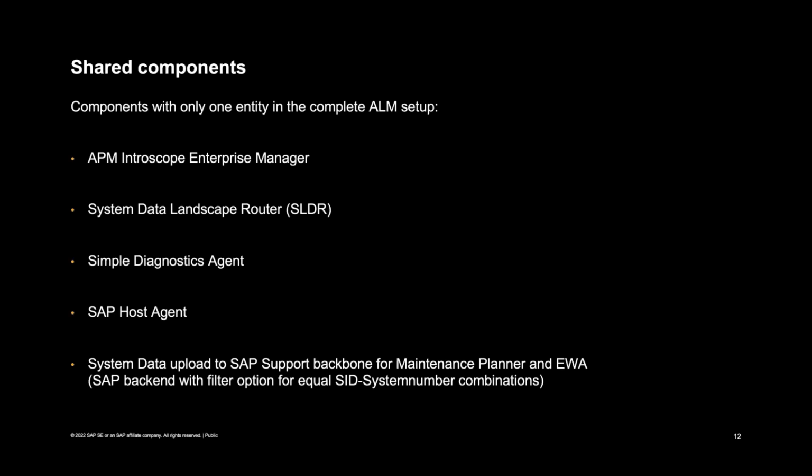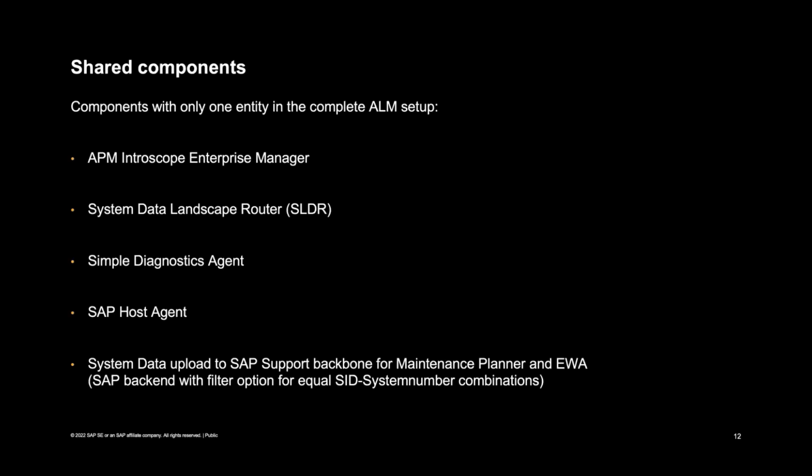And there are two things where an alignment is highly recommended from our side, even if we don't see an issue if the data flow is unaligned. So beside the shared components, there are two scenarios where the Focused Run system is exchanging data with SAP for providing also services from the SAP side.